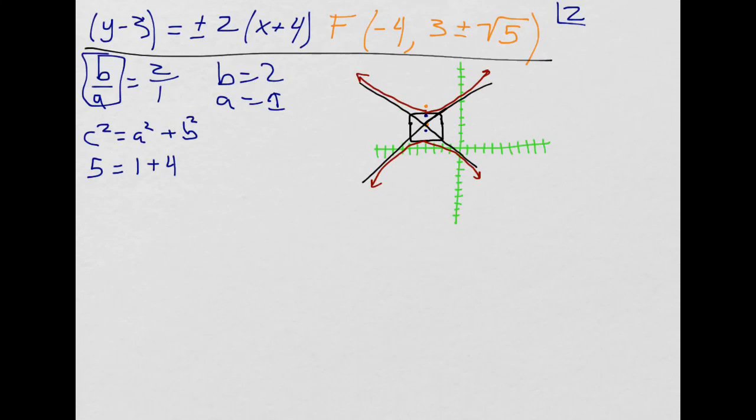First off, since this is a vertically opening hyperbola, we know that the y term is going to be squared. And by squared, I mean we know the y term is going to be the positive term.